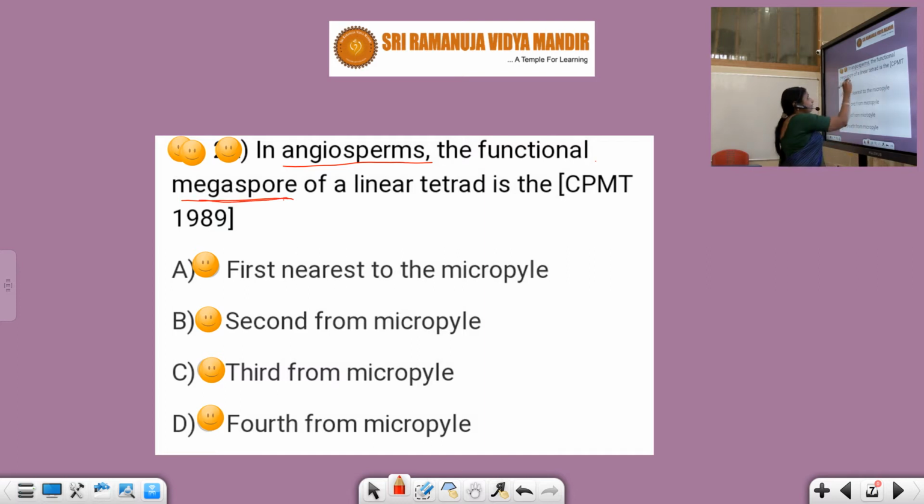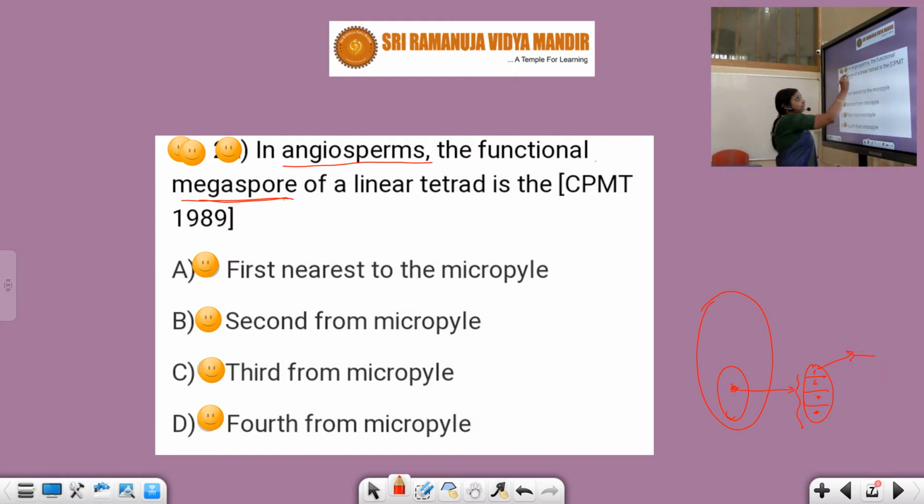But here, see, this is the megasporangium, that means nucellus. Inside, one cell enlarges and it forms the megaspore mother cell. This megaspore mother cell undergoes meiotic division and it forms a tetrad of megaspores. These megaspores are linearly arranged, and if 3 degenerate and 1 acts as functional megaspore, that means this megaspore is functional and it forms the structure of embryo sac.